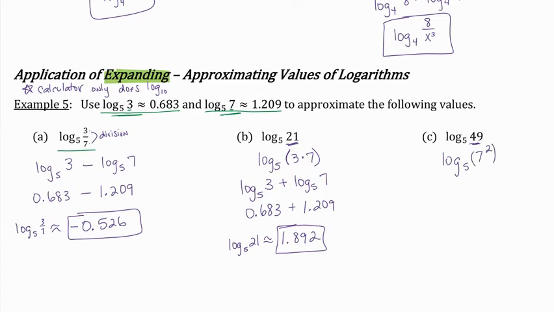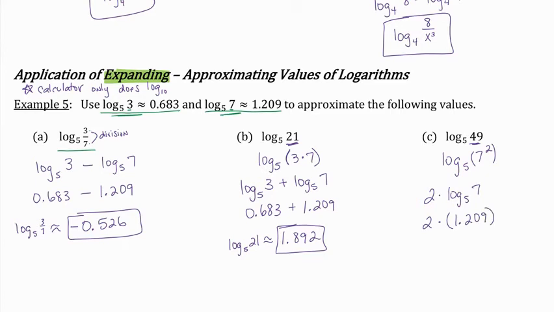And then I can use my properties to pull that exponent of 2 out in front. So that would become 2 times log base 5 of 7. And then I know what log base 5 of 7 is. That one's given to me in the directions. So I get 2 times 1.209.